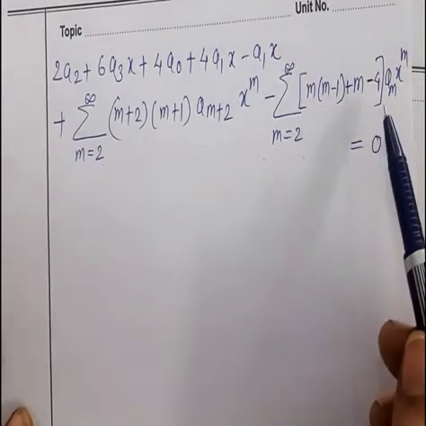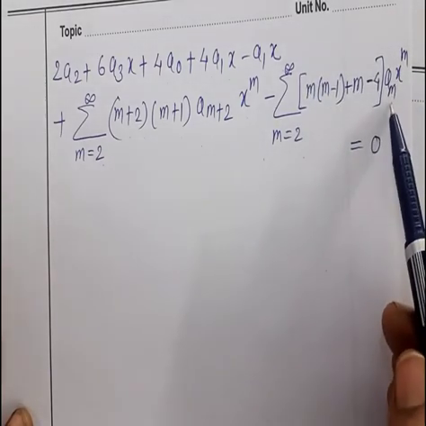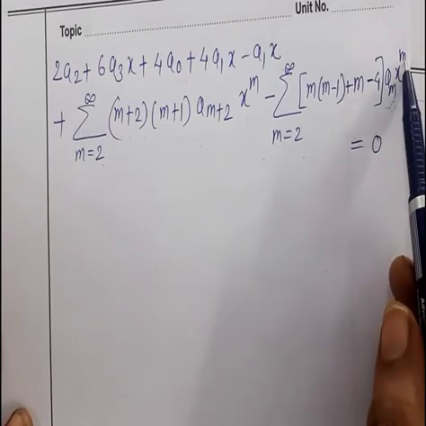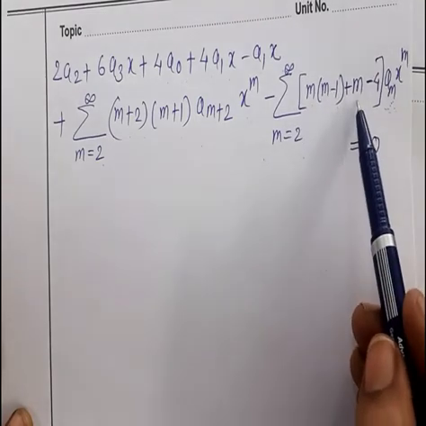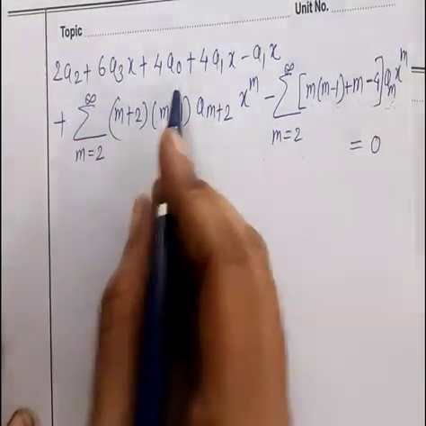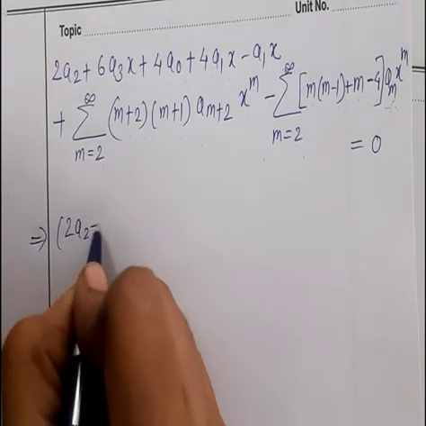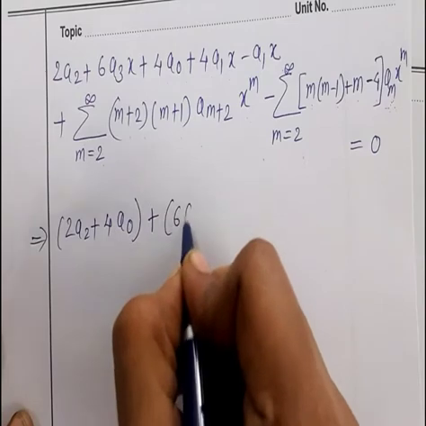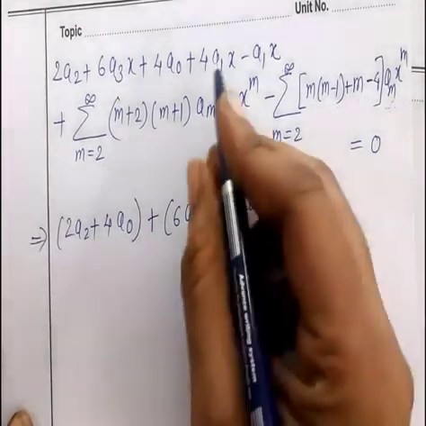Now we have a total of 3 terms with the same power, x to the power m, so we take a_m x to the power m outside as common, and the remaining terms are m(m-1) plus m minus 4. Now simplify: adding constants only, first 2a_2 plus 4a_0, and next 6a_3 plus 4a_1 minus a_1 becomes 3a_1.